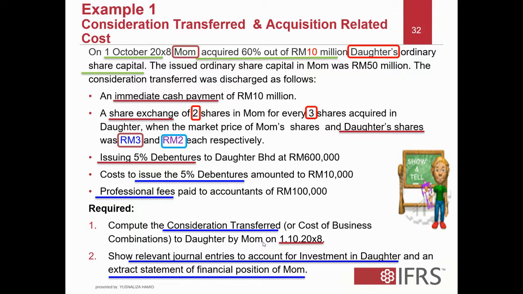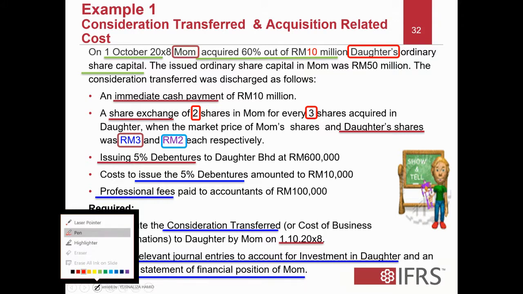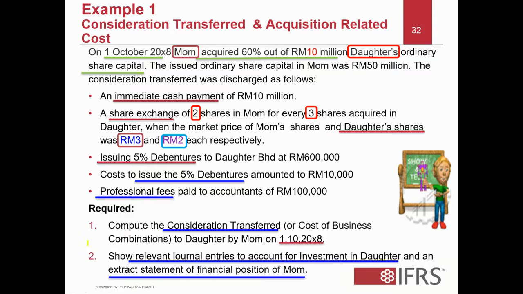So what happened is that mom acquired 60% of the shares in daughter. That is the reason that daughter is an acquiree of mom.